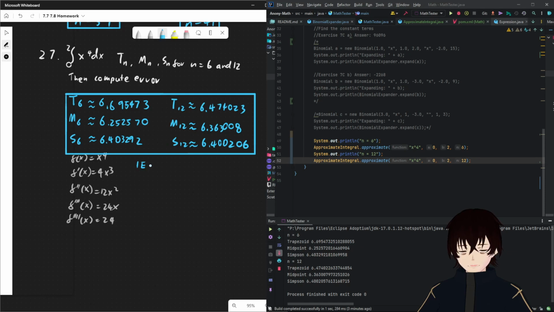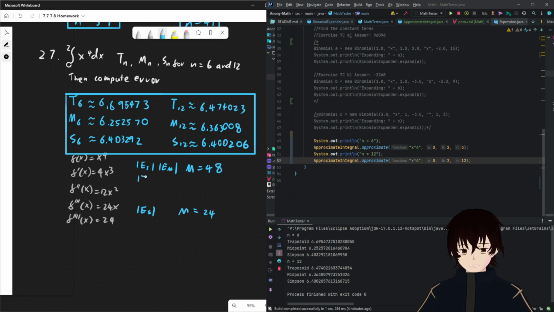For E of T and error of midpoint, M is equal to 2 times 2, that's 4 times 48. For error of Simpson's, M is going to be also 48. Wait, no, 24.